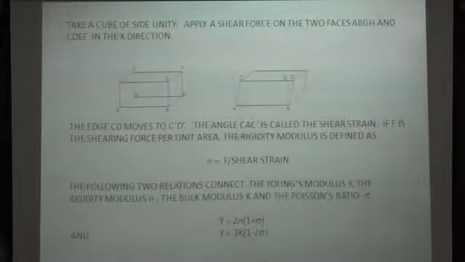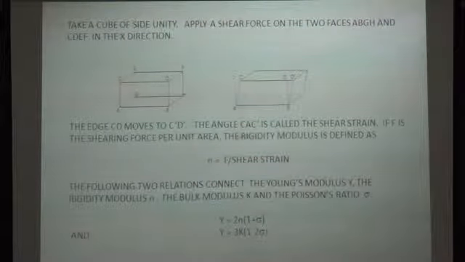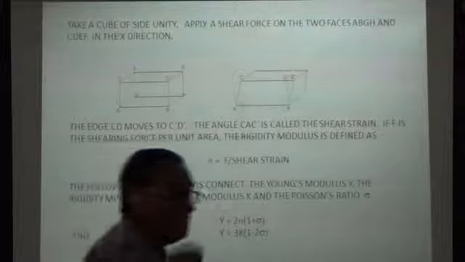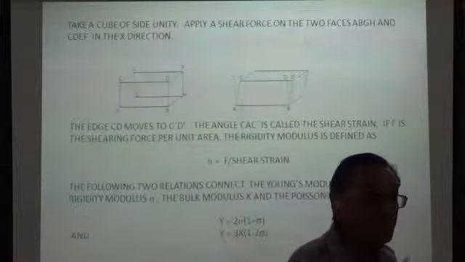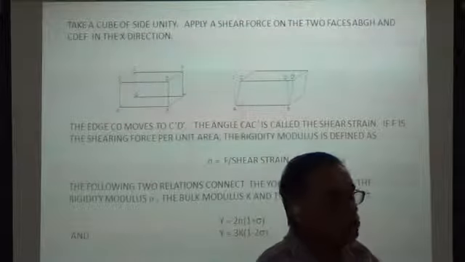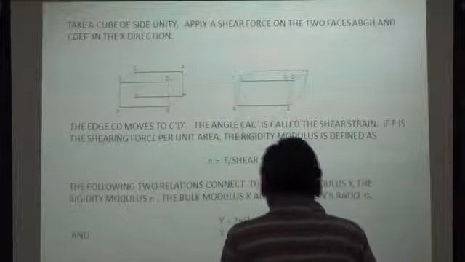So n will be Y divided by a number greater than 2. So the rigidity modulus will be less than 50% of the Young's modulus. This holds for the same material; if you use two different materials, you can't use this relation.